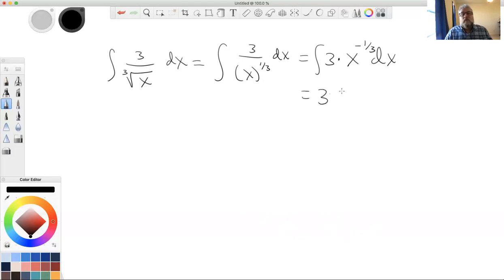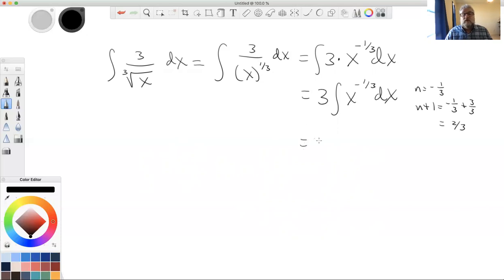So now I'll pull the 3 out. You don't really have to, you could leave it there. So n is equal to negative 1/3. So n plus 1 is going to be negative 1/3 plus 3/3. So that'd be 2/3.